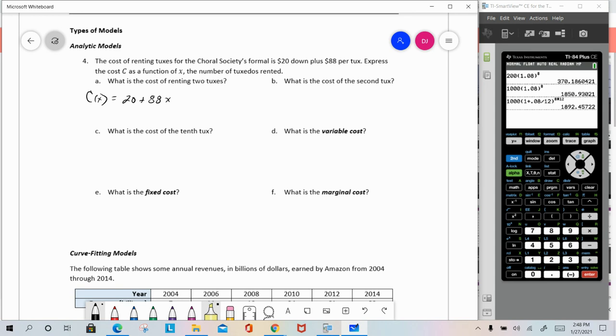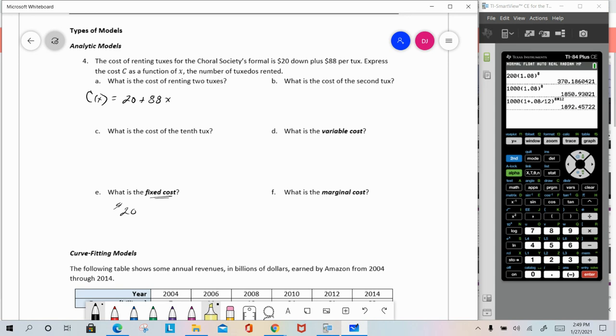That initial cost, that $20 down, keep this in mind, that's an initial cost. In fact, what is the fixed cost? The fixed cost is $20. I'm going to pay $20. That $20 does not get me a tux. That $20, all that it gets for me is the ability to rent tuxes. It's a cover charge, if you will.